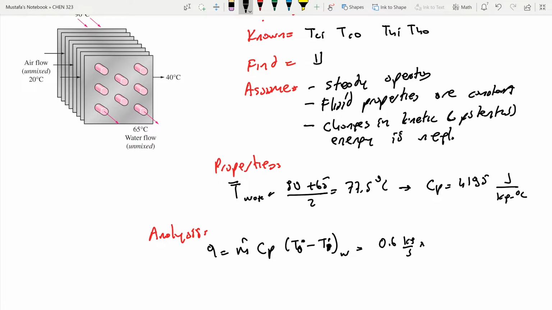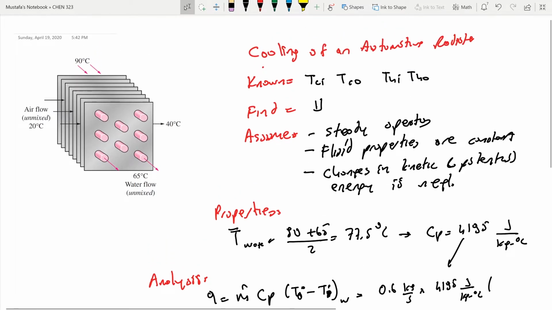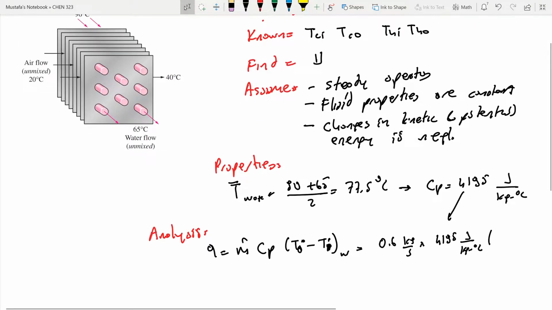Cp is given, we just found it, 4195 joule per kilogram per Celsius. And temperature difference, we go from 90 to 65, sorry, 90 minus 65. So if you carry out the math, you'll get 62.9 kilowatt.